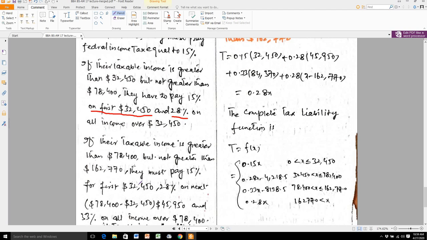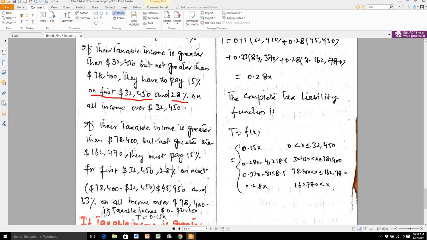Now we see, if their taxable income is greater than 78,400 but not greater than 1,62,770, again he categorizes how tax is imposed on different categories.